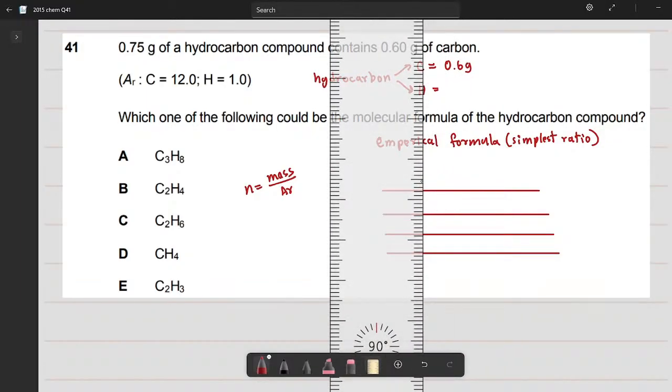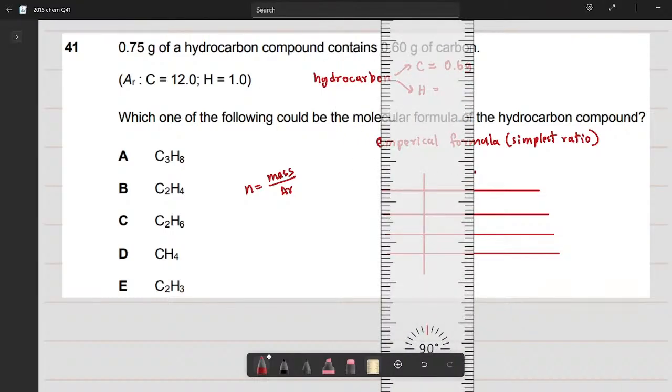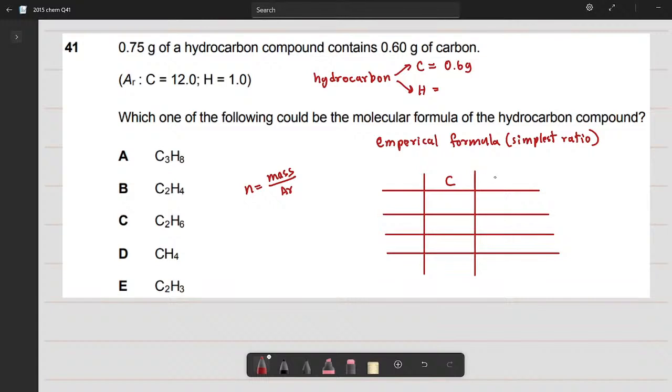So drawing this column for separate elements, which are carbon and hydrogen. So we have carbon and hydrogen. So we'll have the mass over here, the Mr, the atomic mass, the moles, and the simplest ratio.